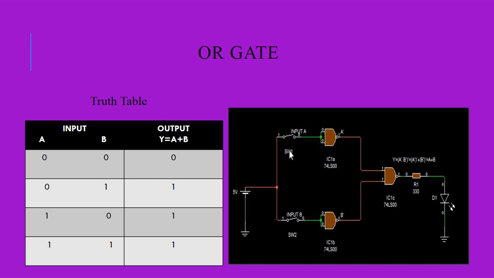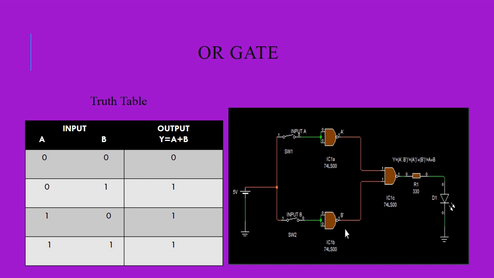That is, when switch 1 is open, switch 2 is also open. That means input A is 0, input B is 0. If input A is 0 and input B is 0, then this 0 and 0 has been shorted, and this 0 and 0 has also been shorted. Because this is an inverter circuit, here we get one output, and from here we also get one output.